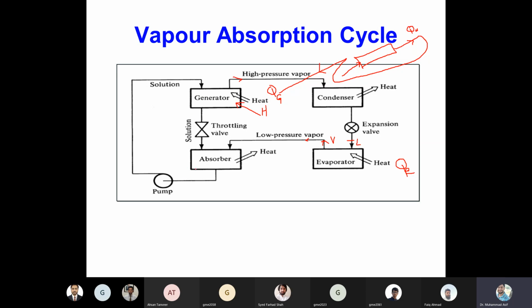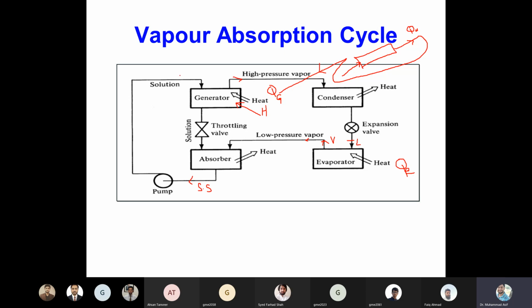In that system they have two different names depending upon the concentration of the refrigerant. For example, the concentration of the refrigerant in the absorber is high, so we call it strong solution, SS, because this solution contains a large amount of the refrigerant.